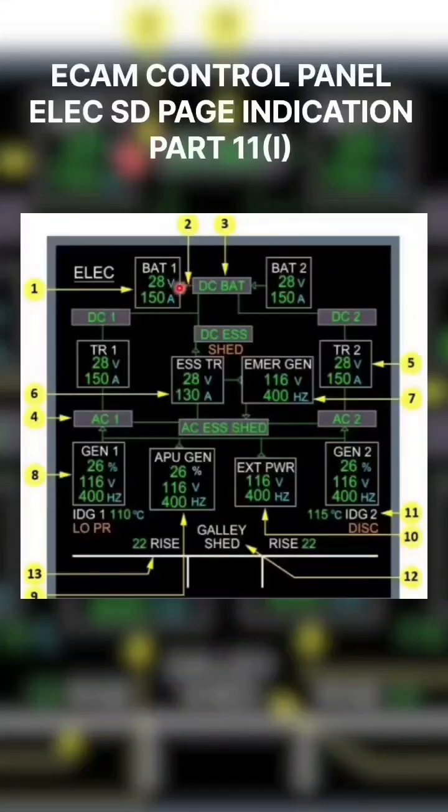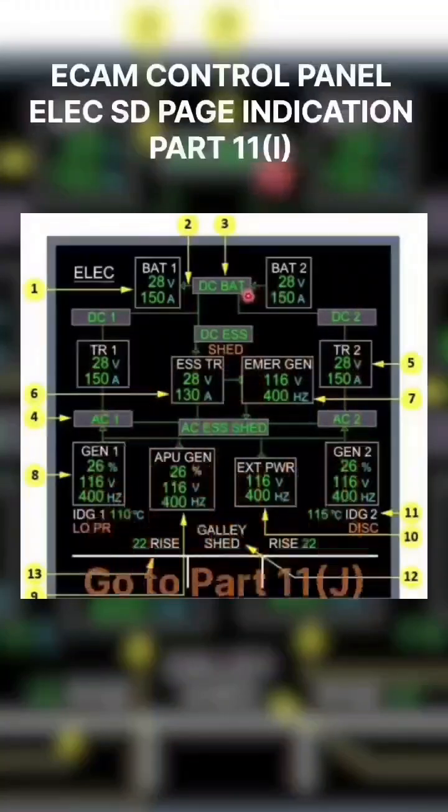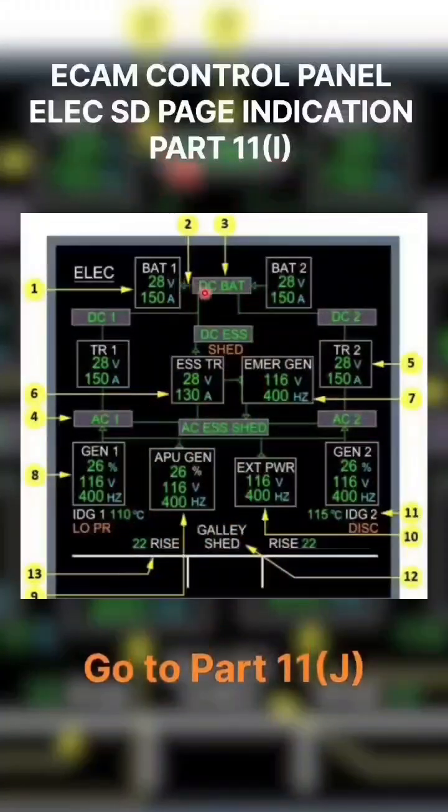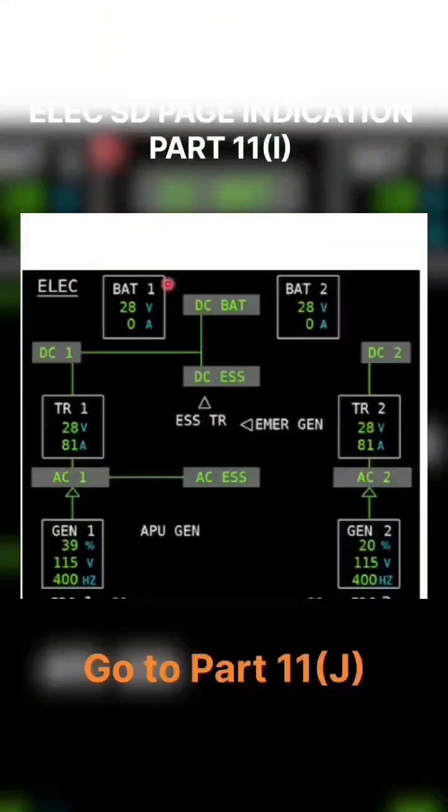If this arrow is in the opposite direction, from BAT to DC BAT side, then you can see here that the battery contactor is closed, but the battery discharge current is more than 1 ampere. That's why this indication is there. If a single dash line is there, the battery contactor is closed, the current is less than 1 ampere, and it will be in green color, single line. And if there is nothing, it means the battery contactor is in open condition.